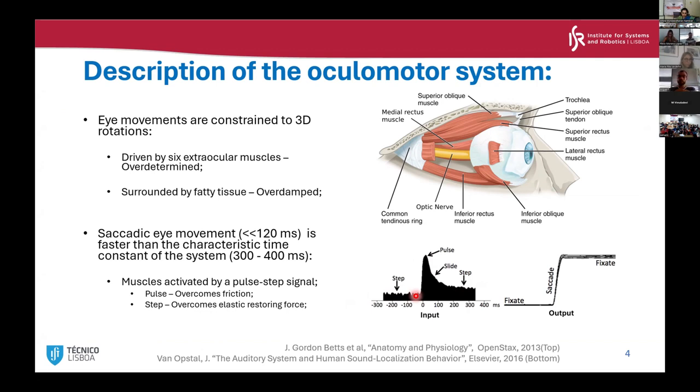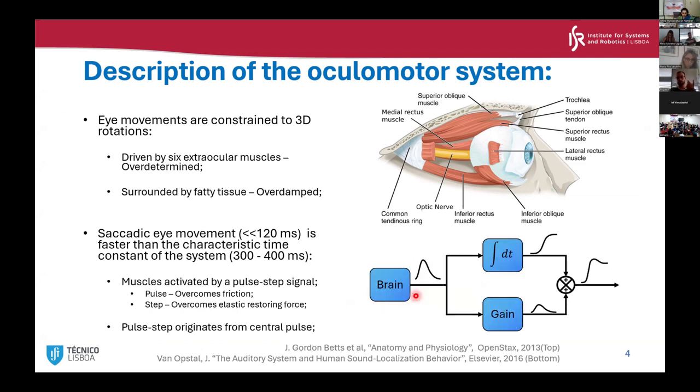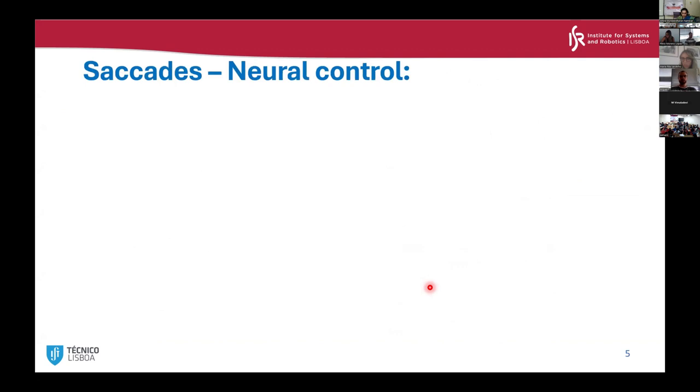An interesting point to note regarding this pulse step is that it actually originates from a single pulse, which then gets integrated and summed to a scaled version of itself, depicted here in this block diagram, which is known as Robinson's model.